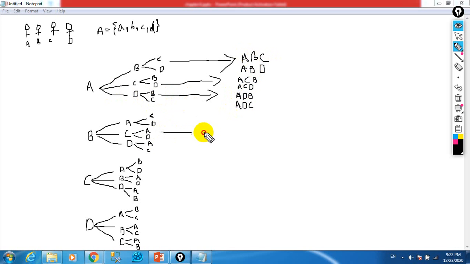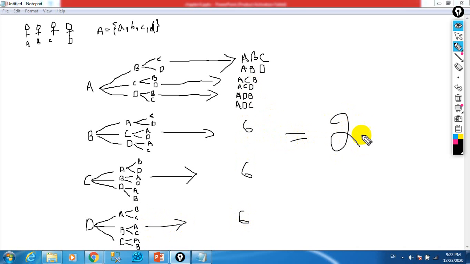So 6 combinations come from this. So when we sum all these combinations, it will give you 24.